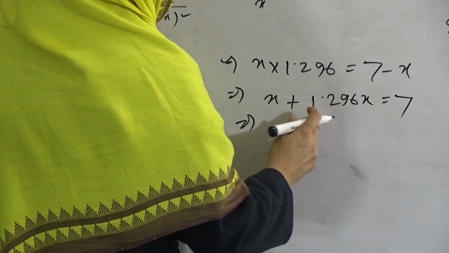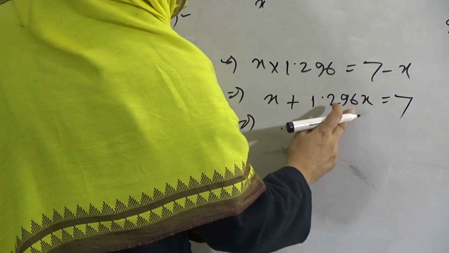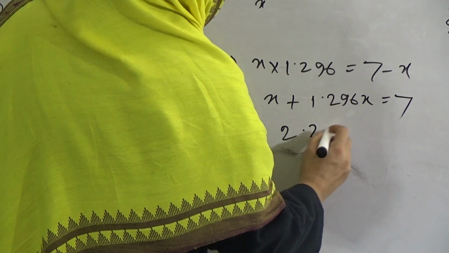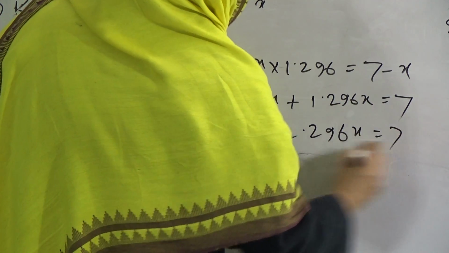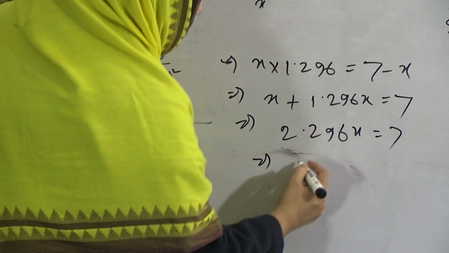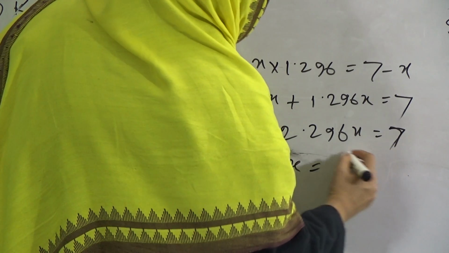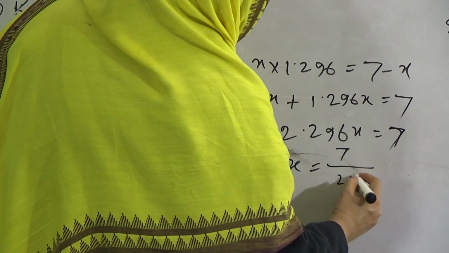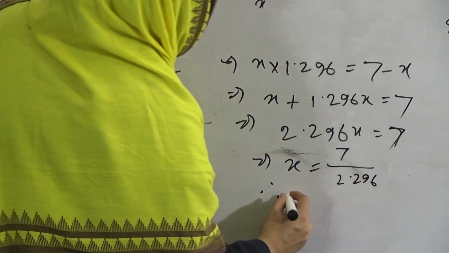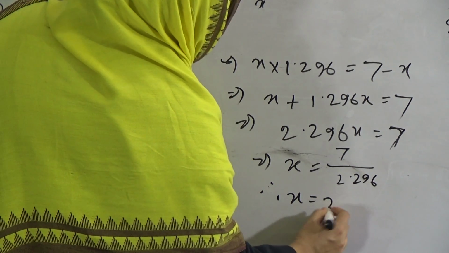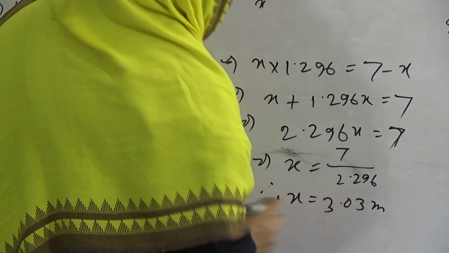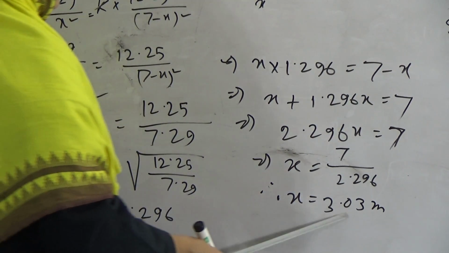It will be 1 plus 1.296, that is 2.296x equals 7. Now we will find out the value of x. x equals 7 divided by 2.296, so x equals 3.03 meters.